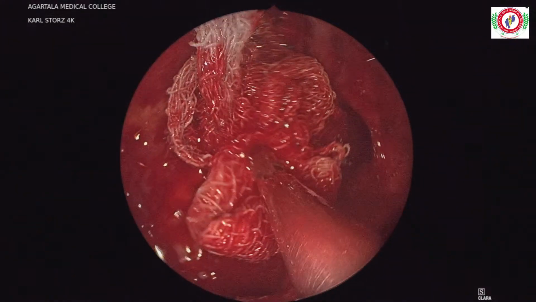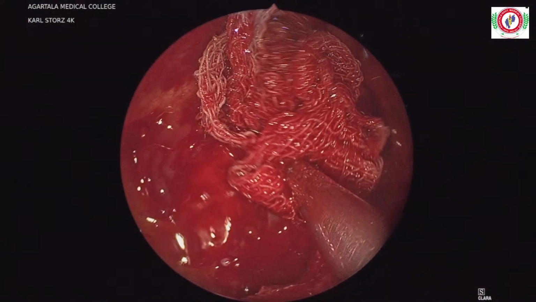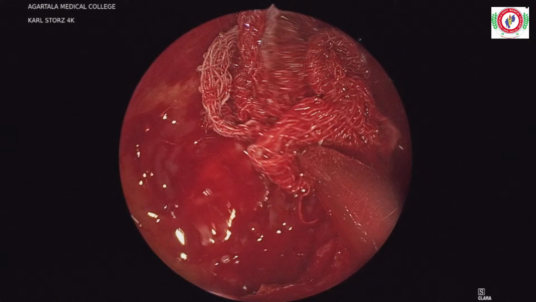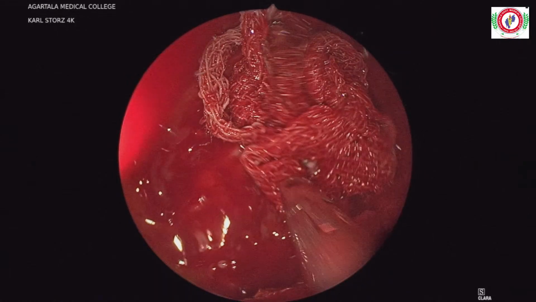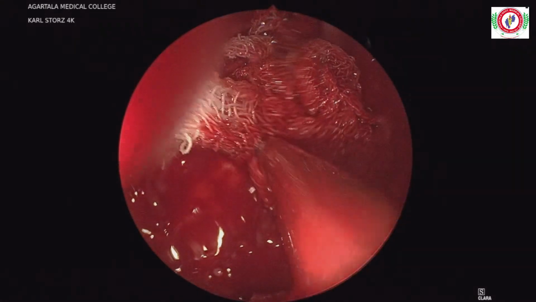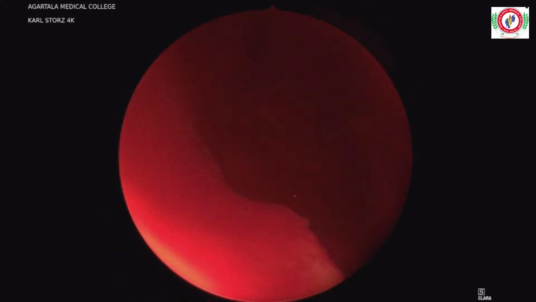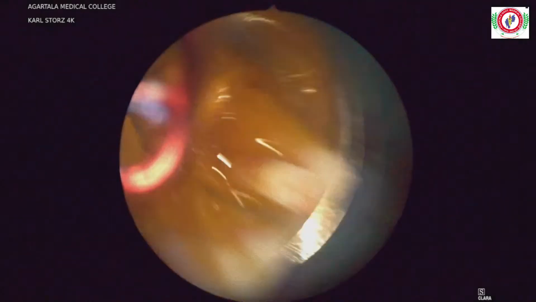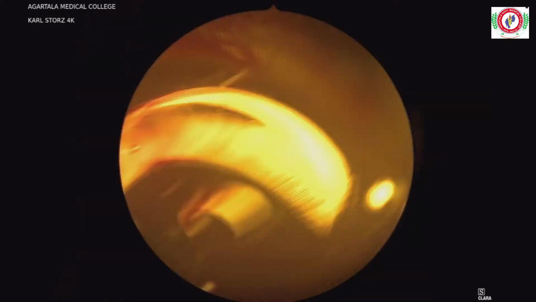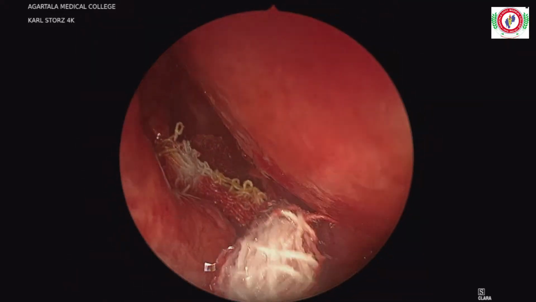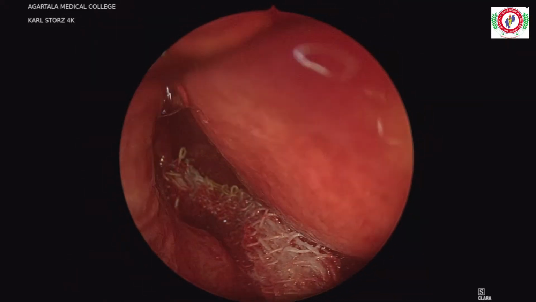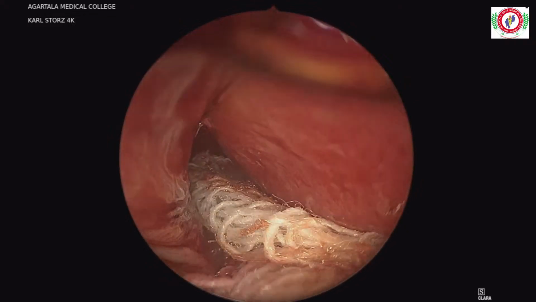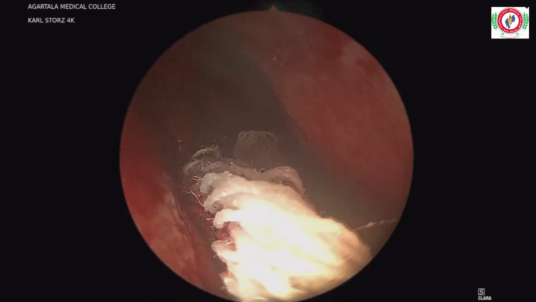There is a spurter from the artery here. I can bipolarize it maybe. I need to make sure first that I have removed the whole of the tumor. Give me a pack.